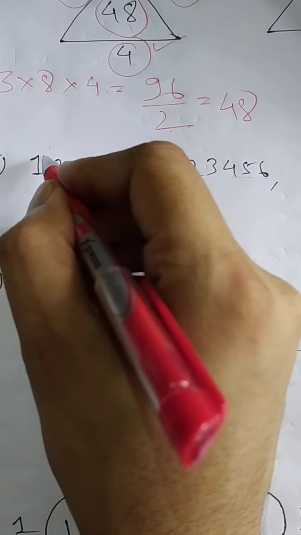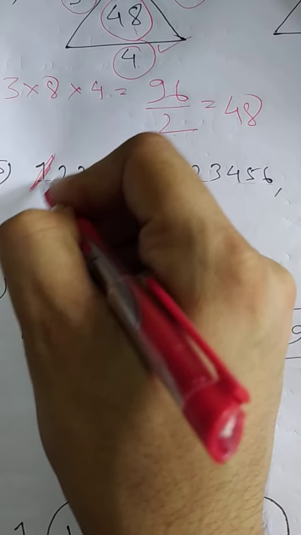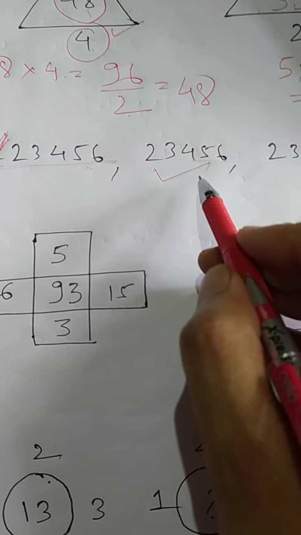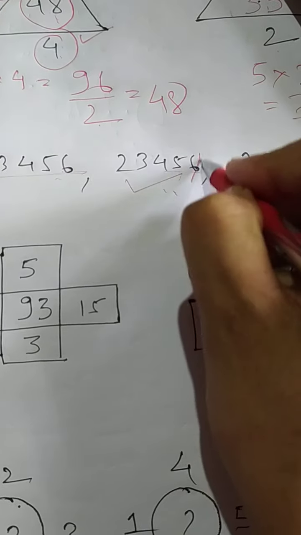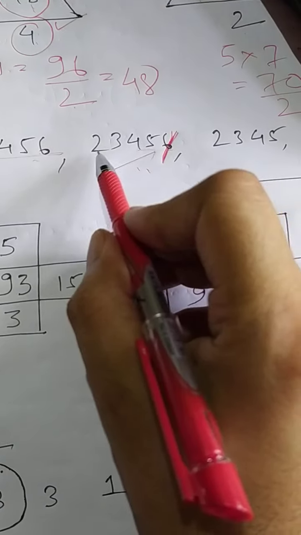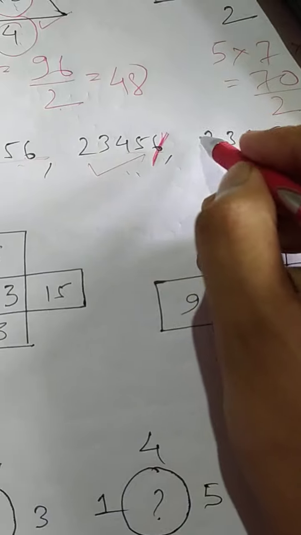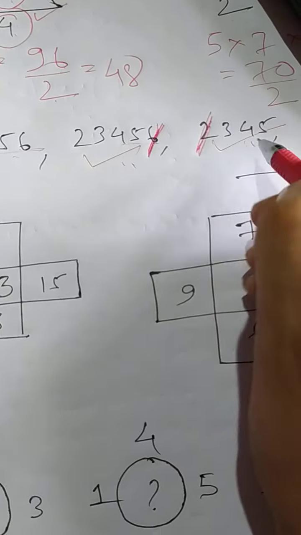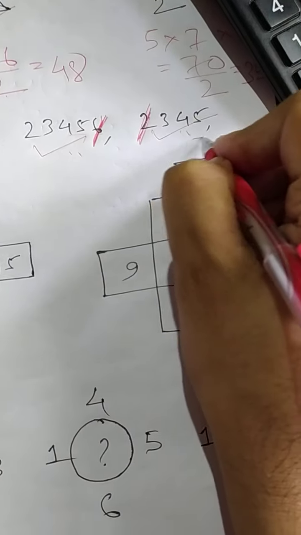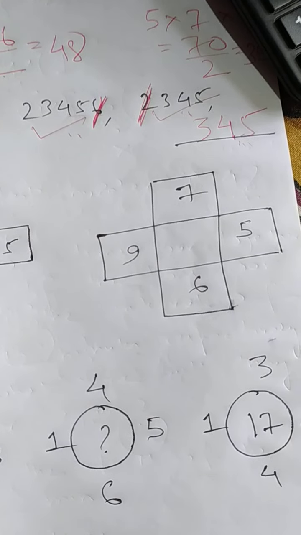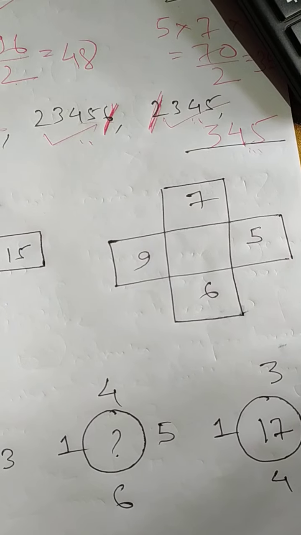From the first number we are removing the first digit, 1, and getting 2, 3, 4, 5, 6. Now from this number we are removing the last one, so you are getting 2, 3, 4, 5. Now from this number again you remove the first one, so what is your answer? 345. Your answer is 345.